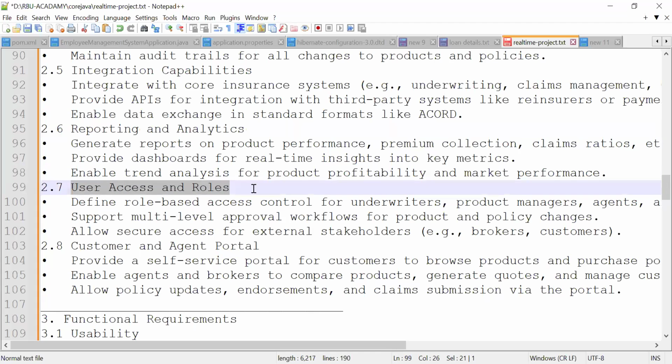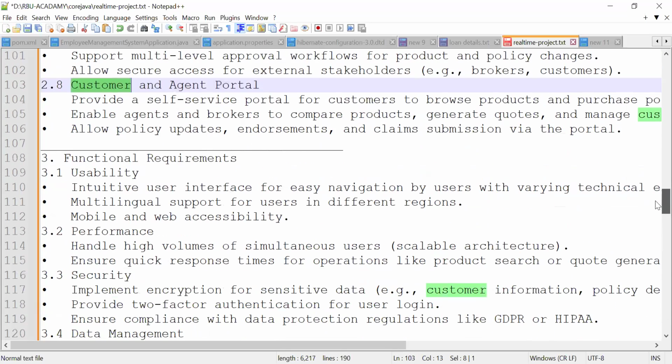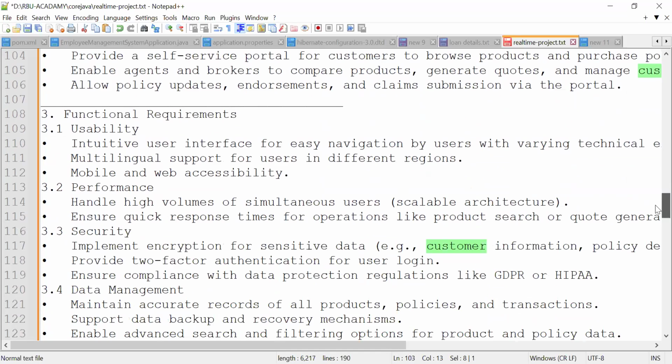User management, user access and roles. Customer and agent portals will be separate portals. Agents can go and check what benefits they have if they try to sell a product. Customers can go and search which are the best products and offers to buy. Okay.